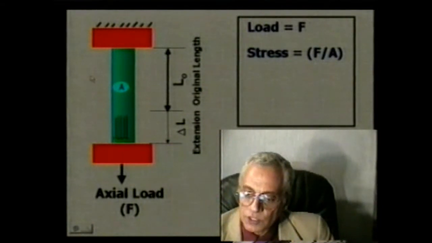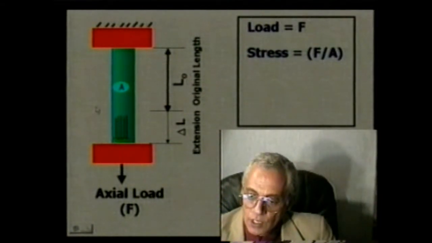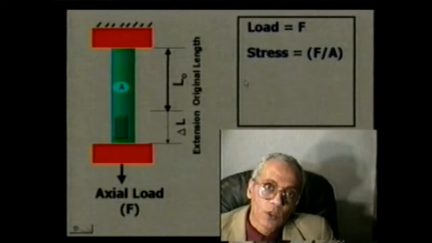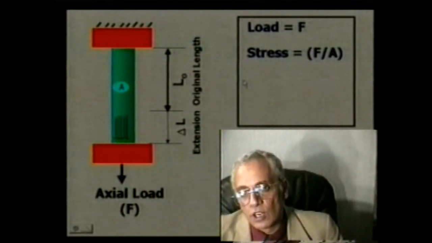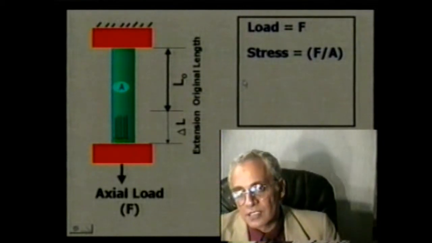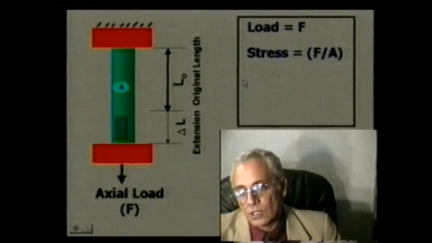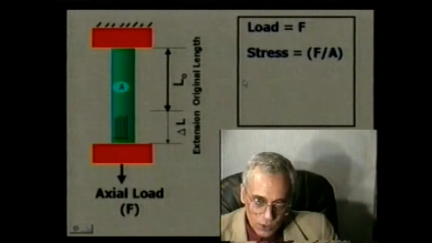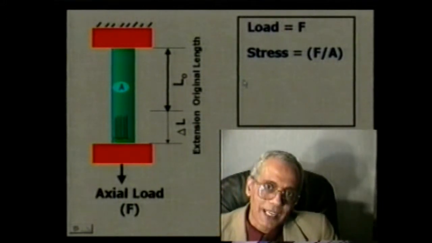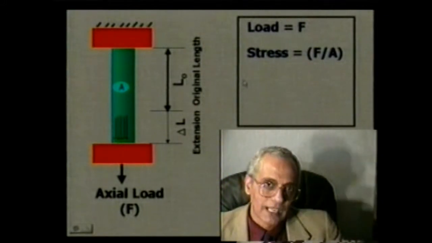This load, if we divide it by the area of cross-section, will give us what we call the engineering stress. So if you hear the term engineering stress, it is the axial load divided by the area of cross-section. As you know, we don't typically measure the area of cross-section or the diameter of material.